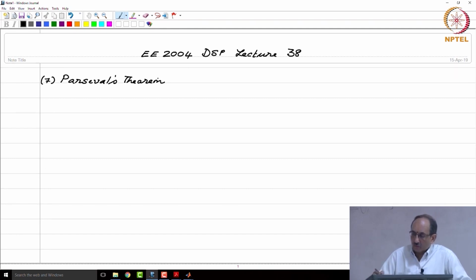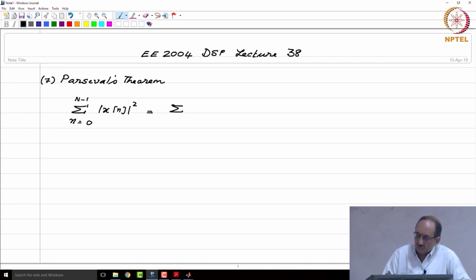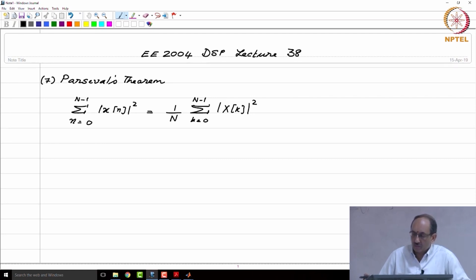This is quite easy to show, and the property states the sum of the squares of the absolute value in the time domain is related to the sum of the squares of the DFT values like this, and the proof is pretty simple.